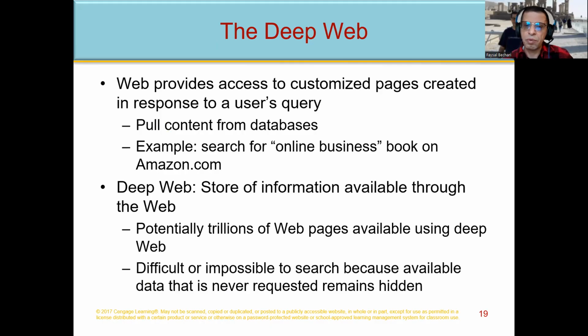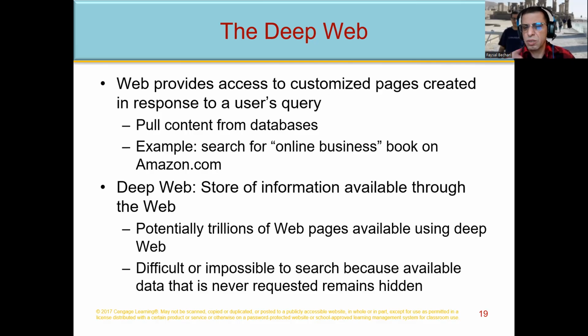Search, for example, for an online book on Amazon pulls content from a database. That provides access to a customized page created in response to the user query. So you pull a book from Amazon, or you get some from a database. And then you have what you call the deep web, which is stores of information available through the web.